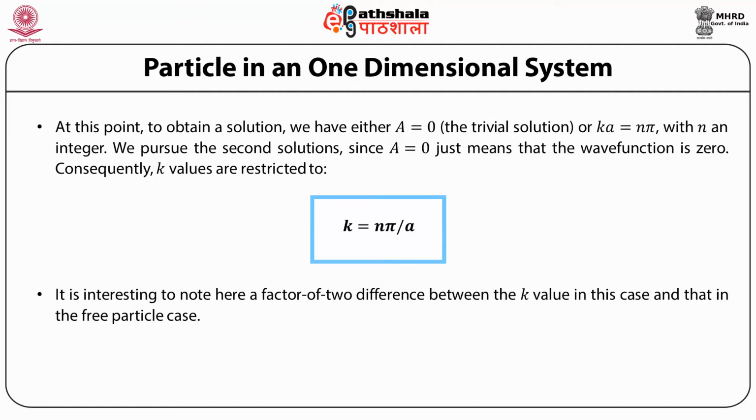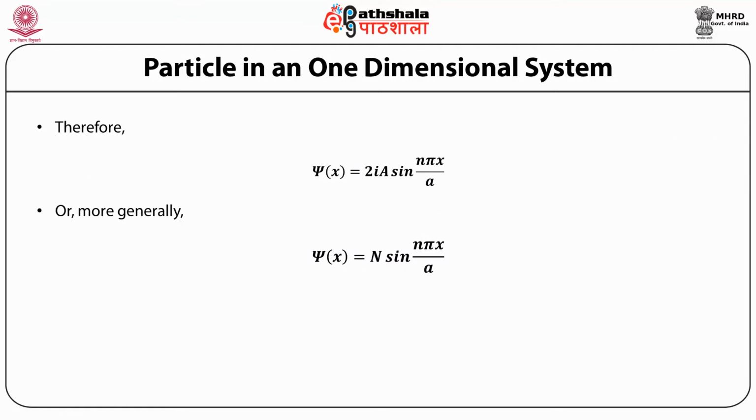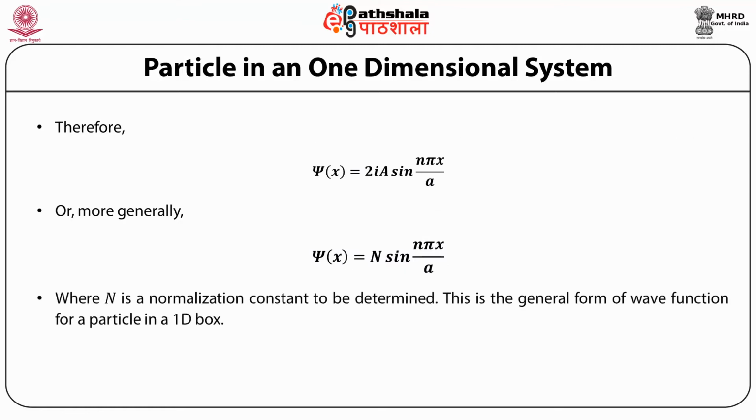So k values are restricted to k equal to n pi by a, where A is a normalization constant to be determined. So this is the general form of wave function for a particle in a one-dimensional box.